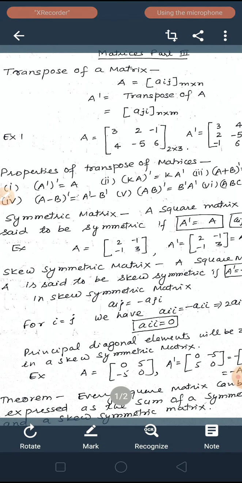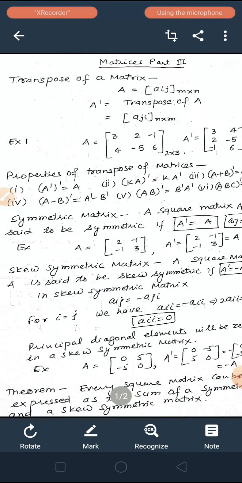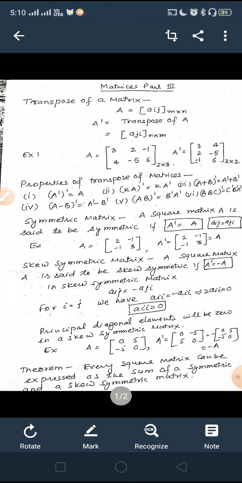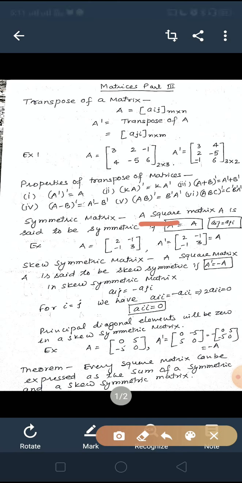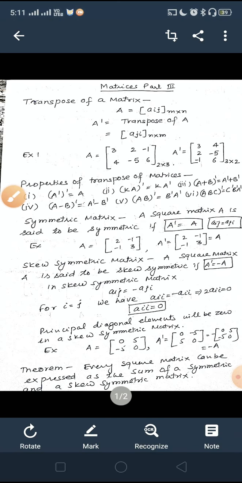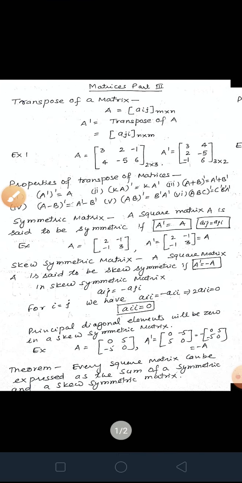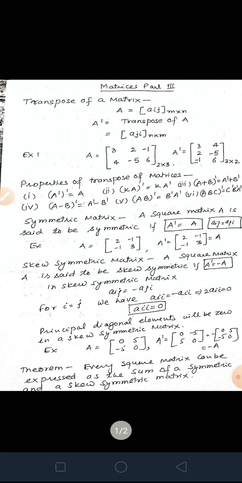Now there are two types of matrices related to transpose of a matrix. One is the symmetric matrix. Any square matrix A, here note this line, any square matrix, means for a matrix to be symmetric, it must be a square matrix, is said to be symmetric if the transpose of the matrix is the matrix itself.